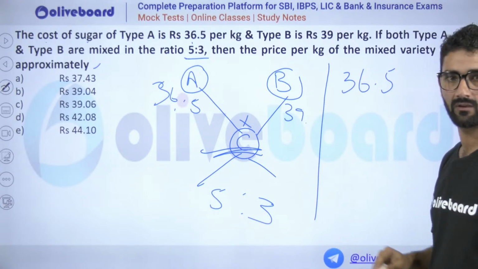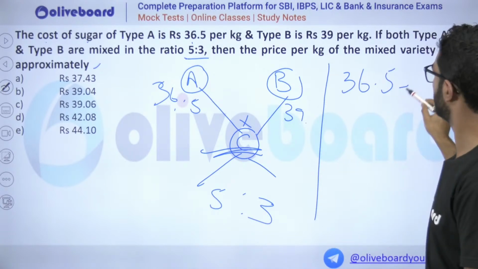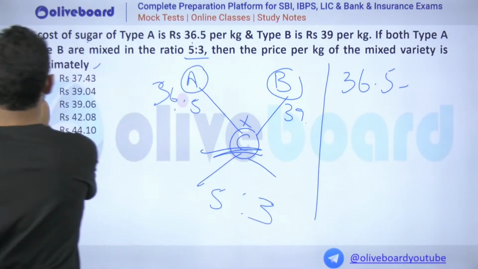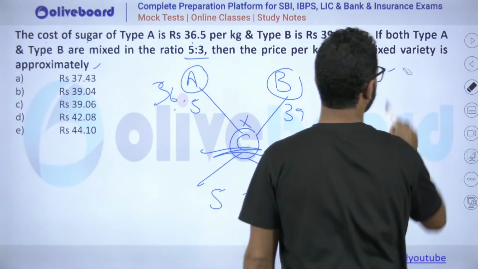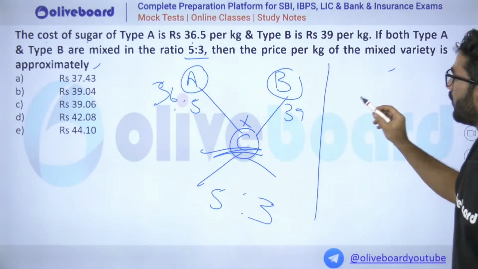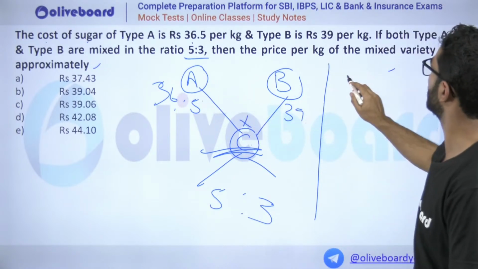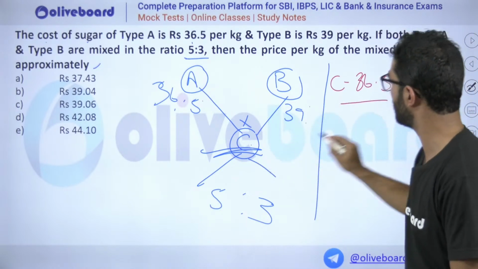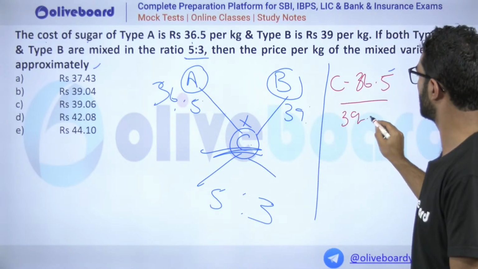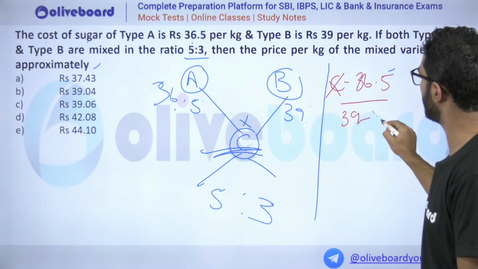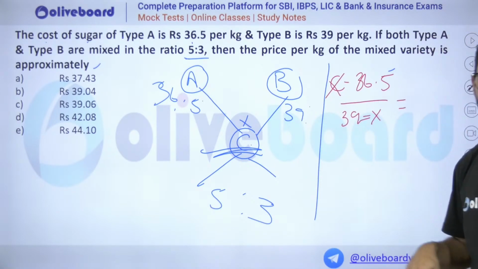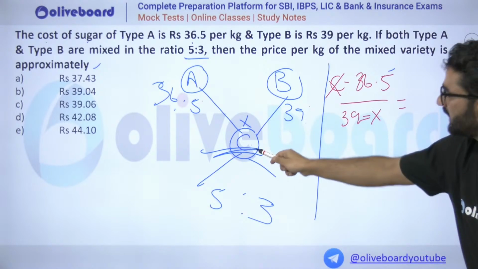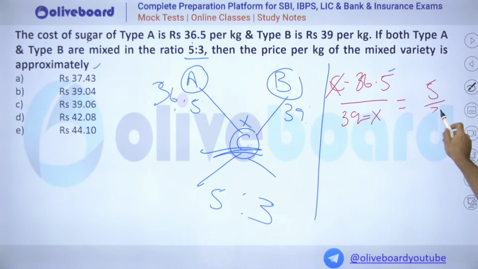It would be C minus 36.5 upon 39 minus C. You can take C as x or anything: x minus 36.5 upon 39 minus x. What is the ratio given? This minus this to 39 minus x is given as 5 upon 3.